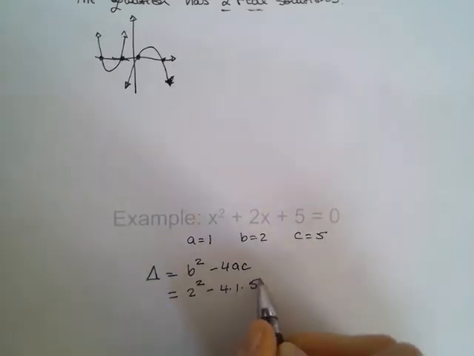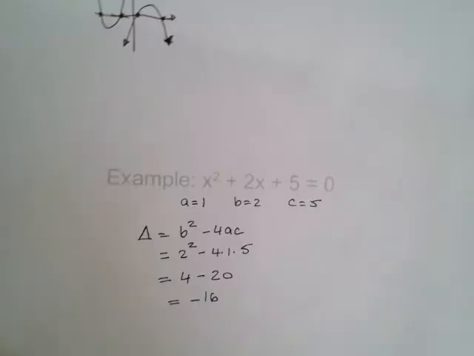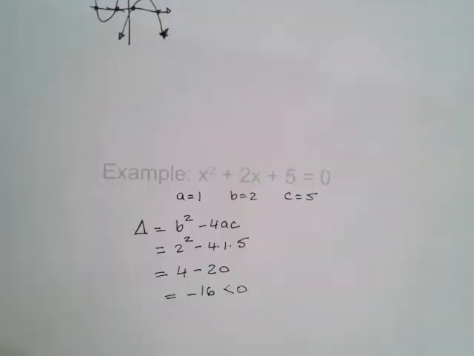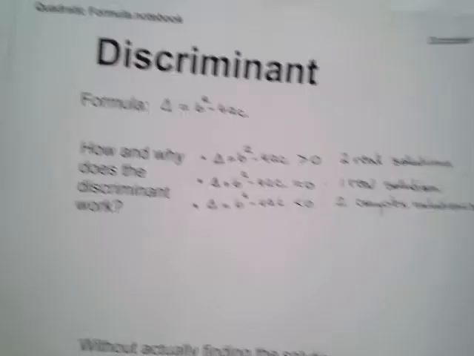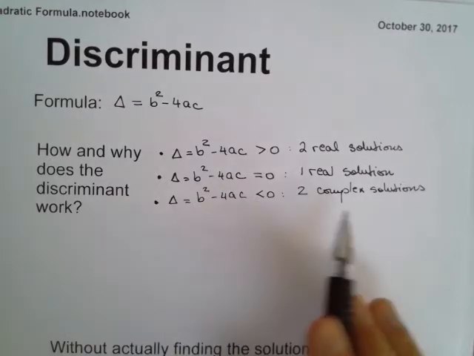That is 4 minus 20, which is negative 16. So negative 16 is a negative number, and based on the definition, when the discriminant is negative, the equation has two complex solutions.